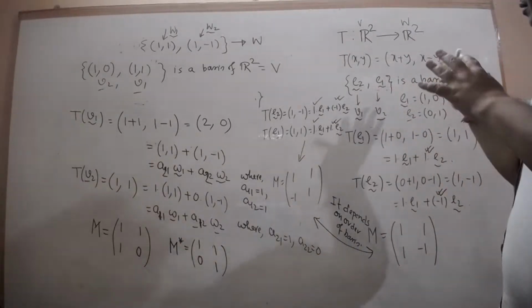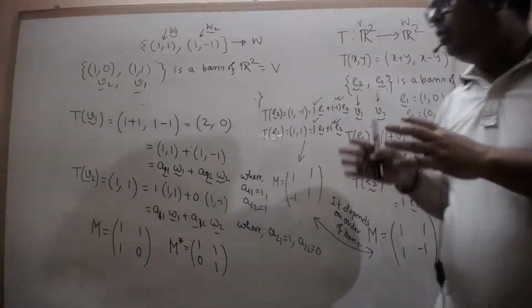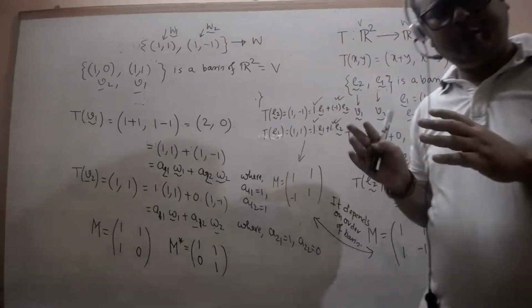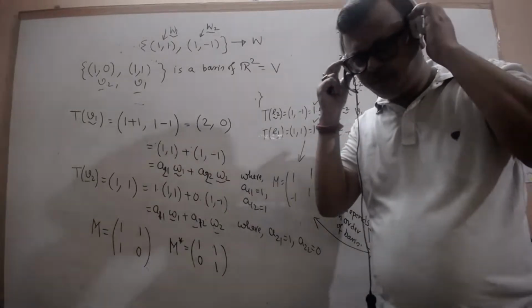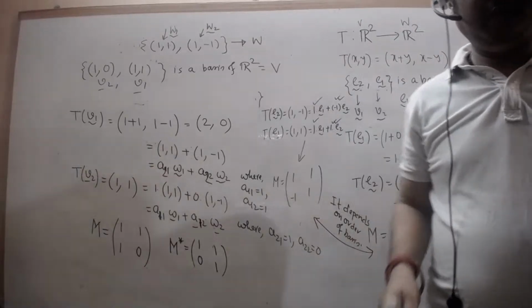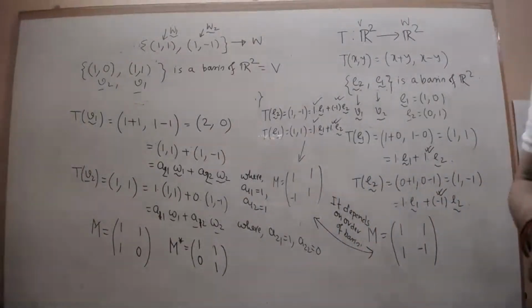So if you have a linear transformation, I think you can easily find the associated matrix. Now, please tell me if you still have a doubt, if you still face a problem, then tell me. I will explain again. I have no problem.